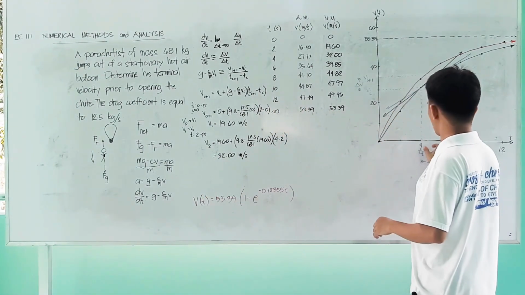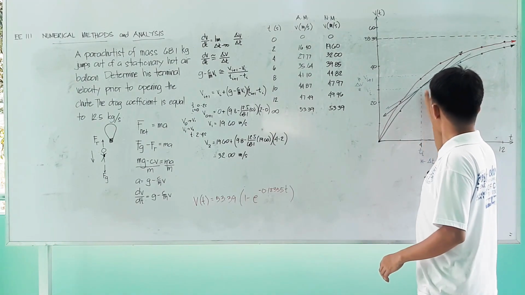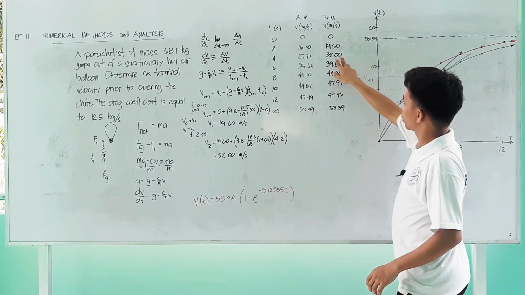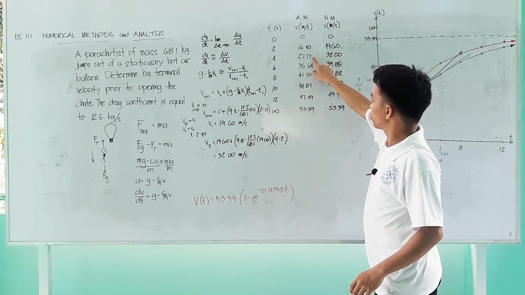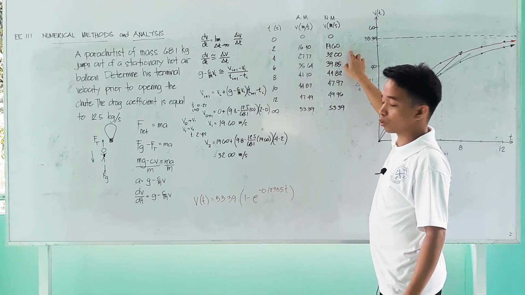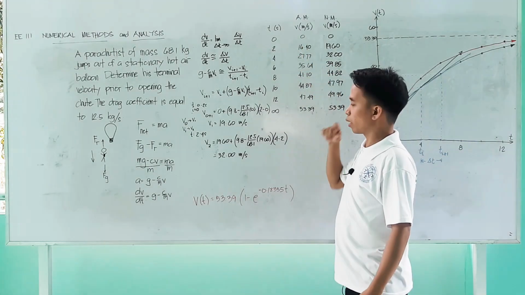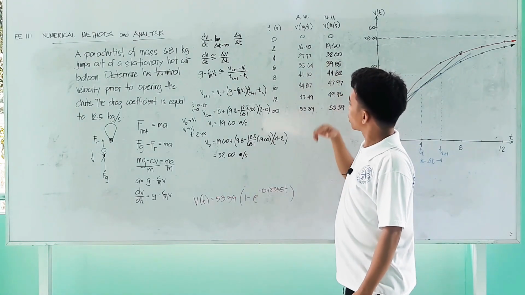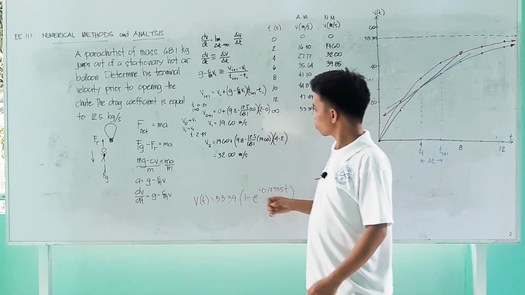But let's take 1 second. So these values will be closer to this one. This is the true value. This is our approximate value. And if we take a shorter time interval, then we will have more accurate values.